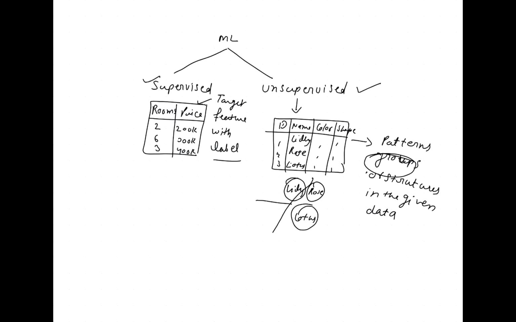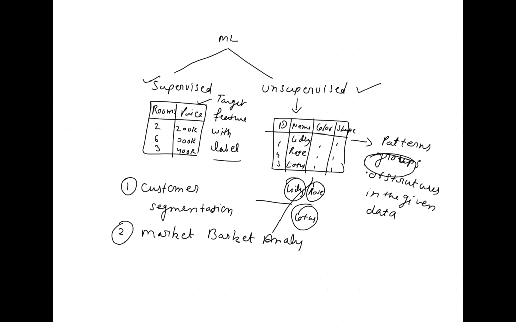If you want a real-time example, the first example for unsupervised is customer segmentation, which you are going to learn today. You don't need to worry right now about what customer segmentation is; I am going to explain it. The second, you can apply the strategy which we are going to apply today on market basket analysis.